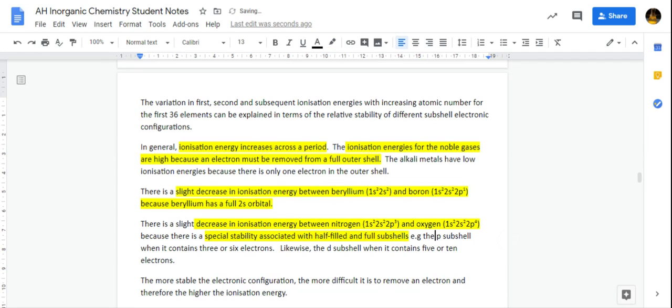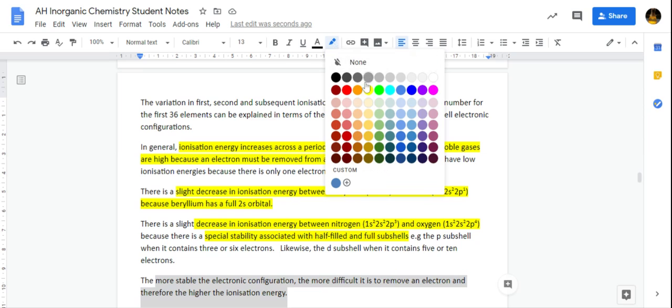So this happens with the p subshell when it contains 3 or 6 electrons. 3 would be half-filled, 6 would be a full subshell. And with the d subshell, it happens when it contains 5 or 10 electrons. And as we said, the more stable the electron configuration, the higher the ionization energy.